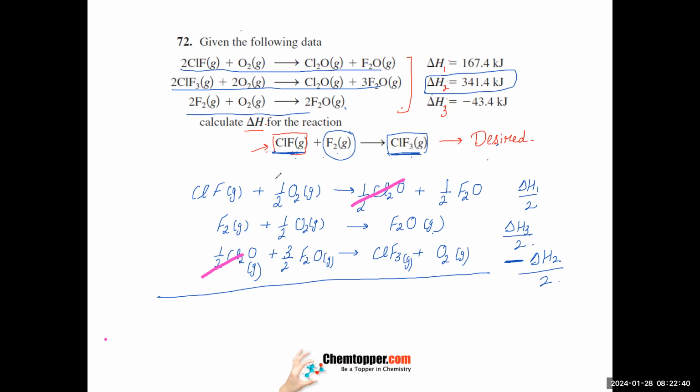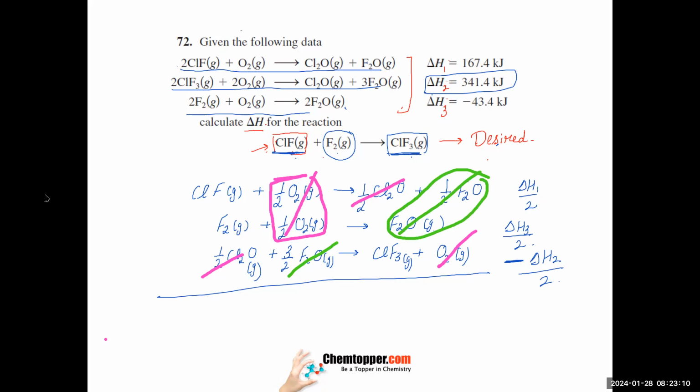Add these two oxygens, this will become 1 O2. Cancel. Add these F2Os, when you add them it will become 3 by 2 F2O. Cancel. Is there anything else canceling? No. Write the equation, whatever is left.